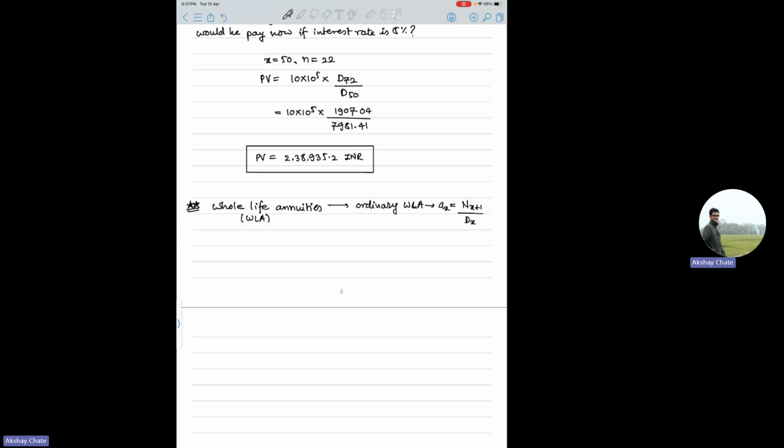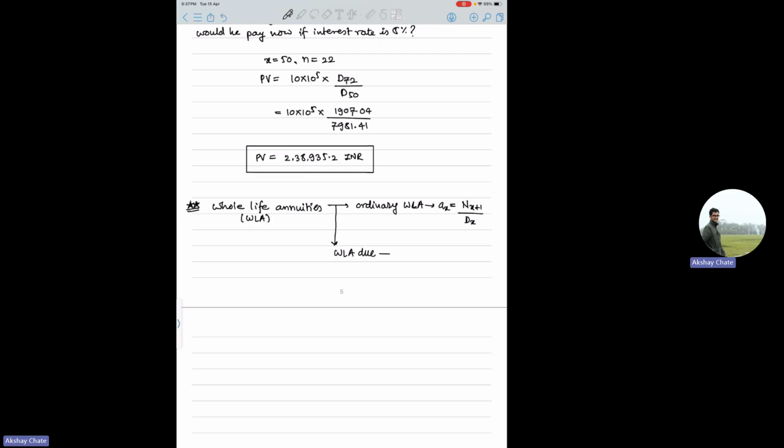Okay. Then this is the first category. Then you have something called whole life annuities due. Okay. So here basically you start after one period.